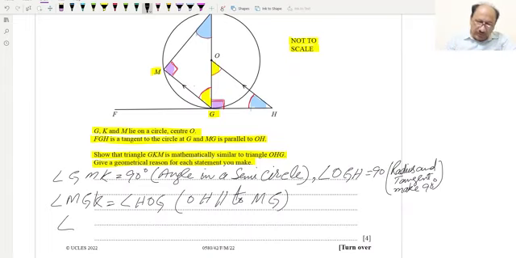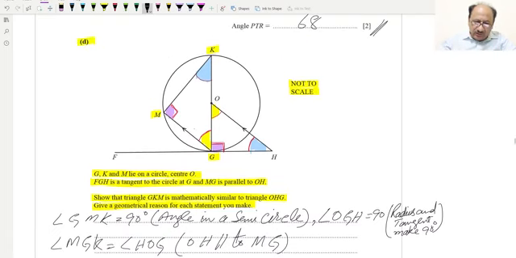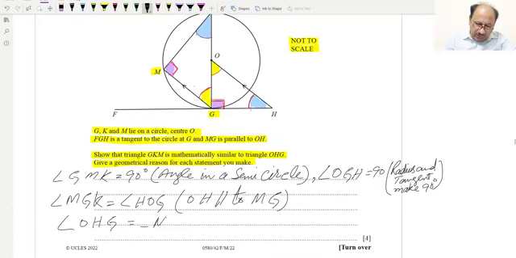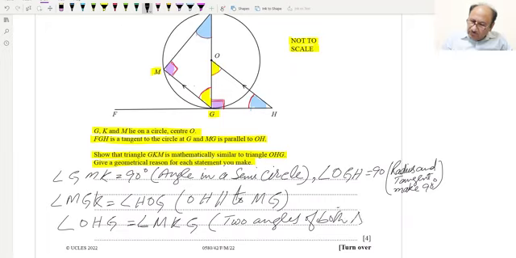So we can write angle GHO, or basically OHG. Angle OHG is equal to angle GKM, or MKG, and that is basically two angles of both triangles are equal.